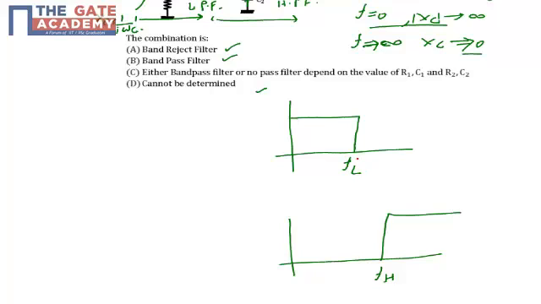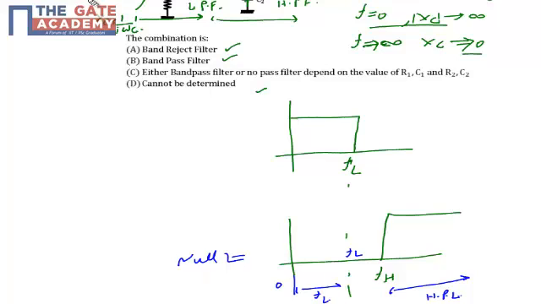If we have a situation where there is no overlapping between the low pass filter and the high pass filter, then the low pass filter passes from 0 to FL, and the high pass filter passes from FH onward, but there is no intersection. It means that eventually we will have a null filter. Nothing is going to pass because they are connected in series.